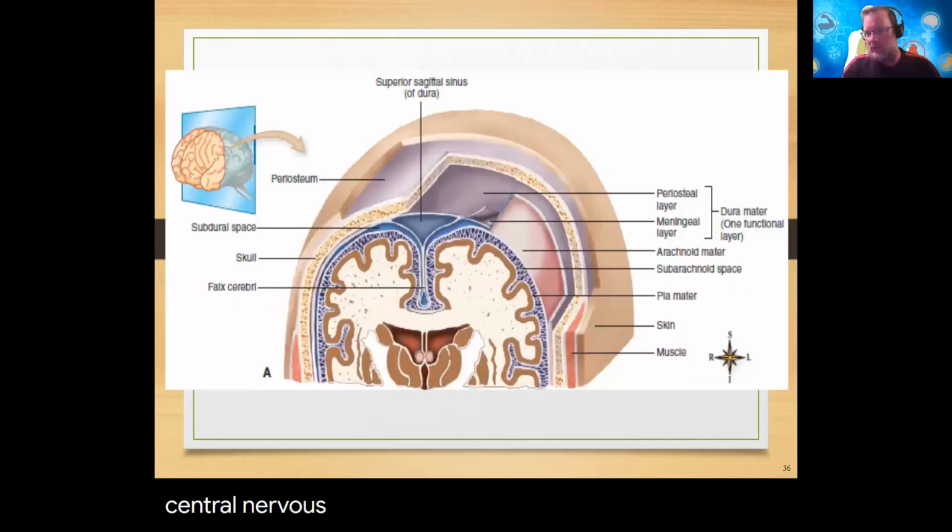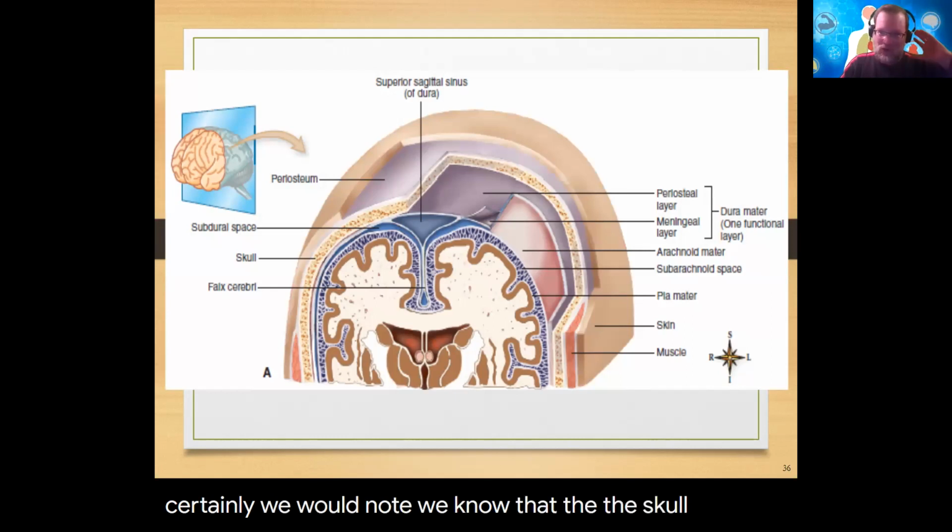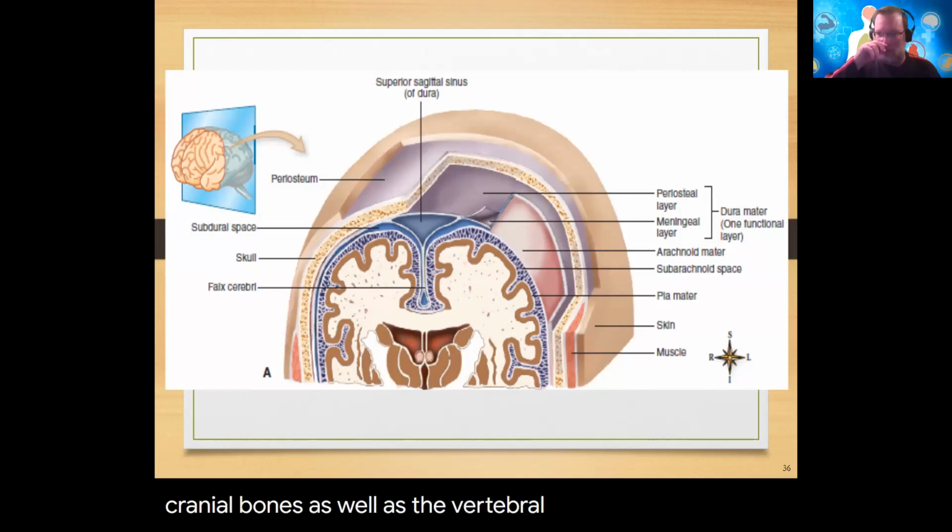But the central nervous system does have some protection. Certainly, we know that the skull and the cranial bones, as well as the vertebral bones, are going to provide some very good protection. Now, deep to the bony coverings, we do have three meninges.